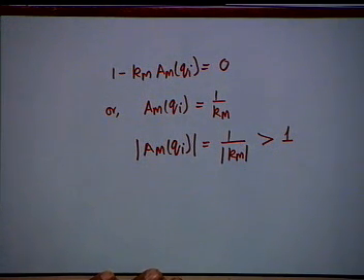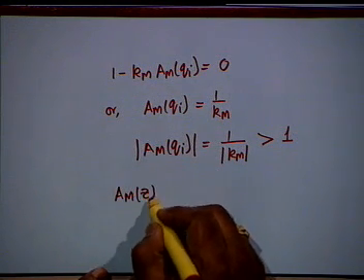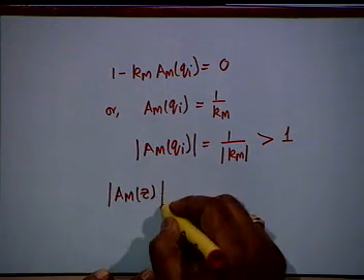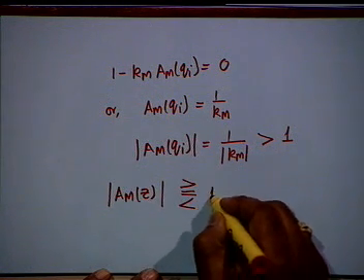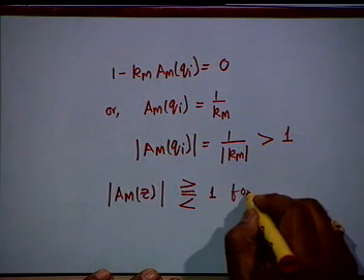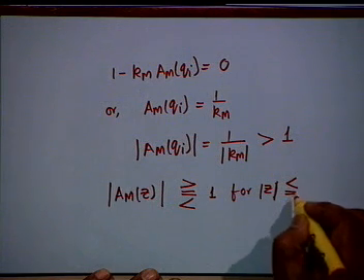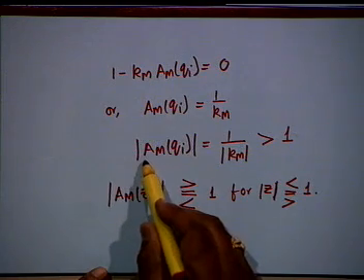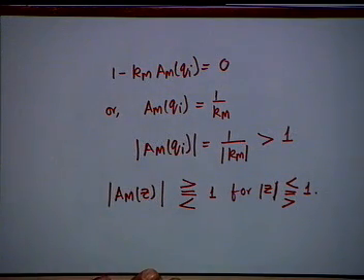Okay? We have also shown that if Am z is a stable all pass function, then its magnitude is greater than, equal to or less than 1 for magnitude z less than, equal to or greater than 1. Agreed? Therefore, we assumed Am to be a stable function.